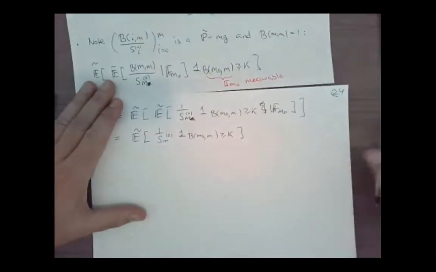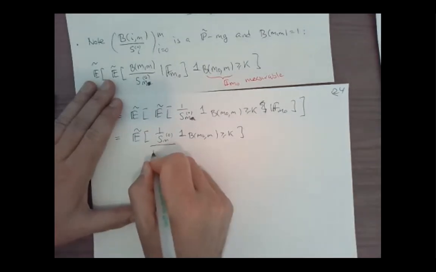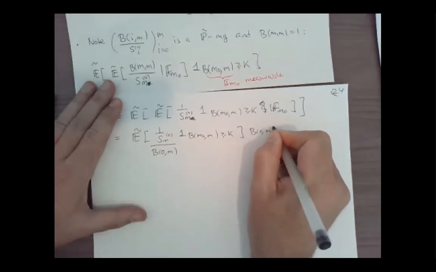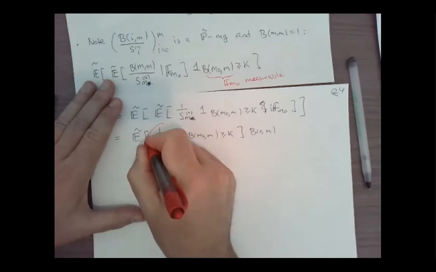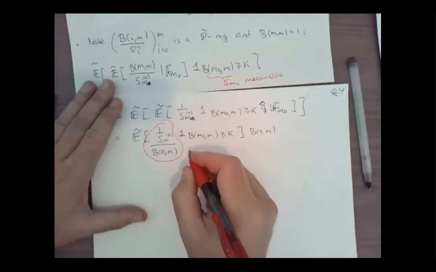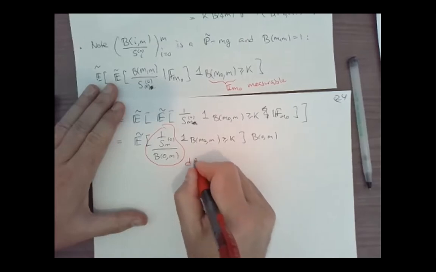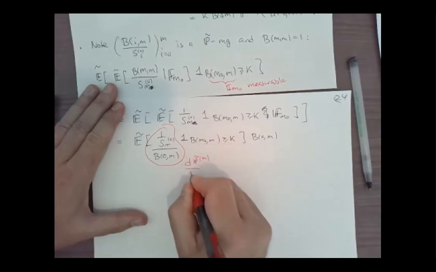Right, and now we have the same situation as before. If I want to write this in terms of an analytical derivative, I'll divide here by B_0(M0) and multiply on B_0(M). I'll then note that this quantity here is the analytical derivative, dP tilde M over dP.